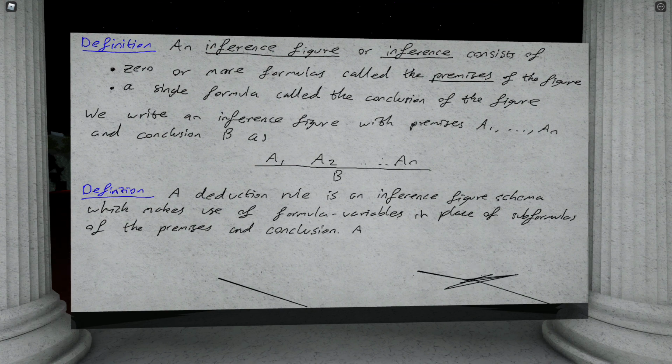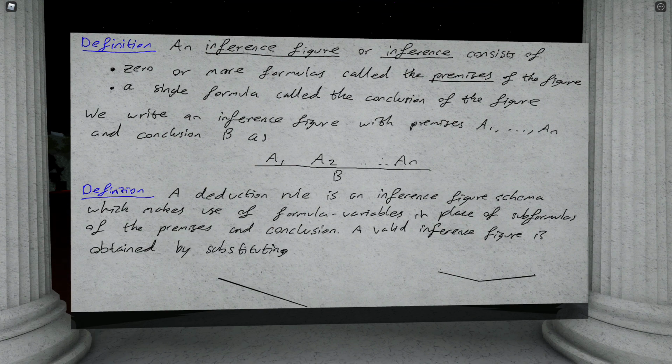So I'll just say that here. A valid inference figure is obtained by substituting formulas for the formula variables.